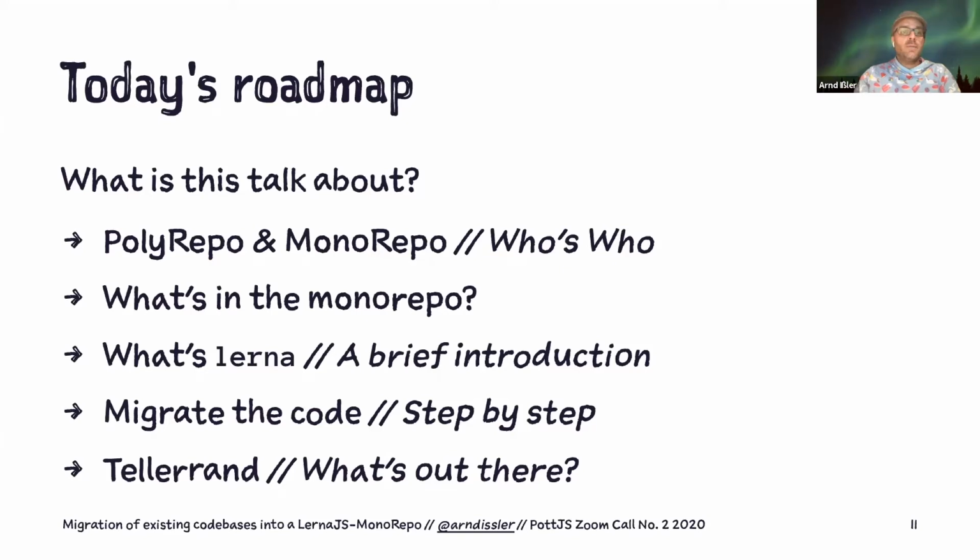We will have a look at a step-by-step checklist, and I will guide you through the overall process of how we managed to migrate all these 14 repositories to one monorepo. And at the end of the talk, I will give you some links where you can have a look at maybe alternative technologies, because it might be that you don't need a monorepo.